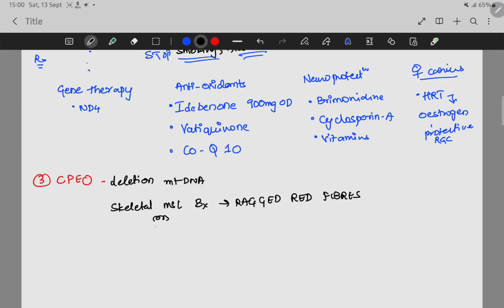We can also perform the biopsy on the orbicularis muscle.